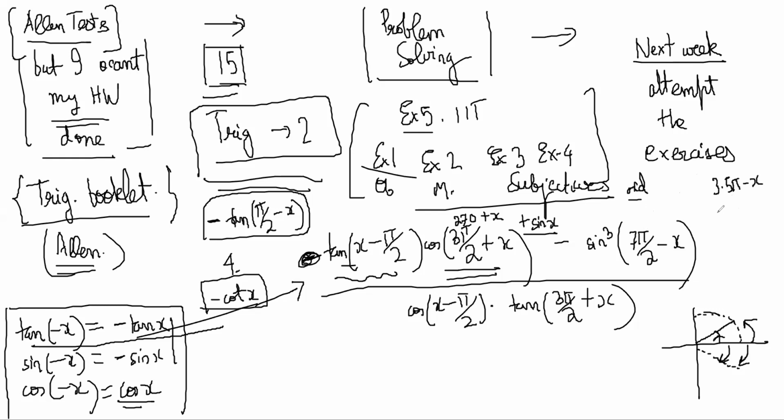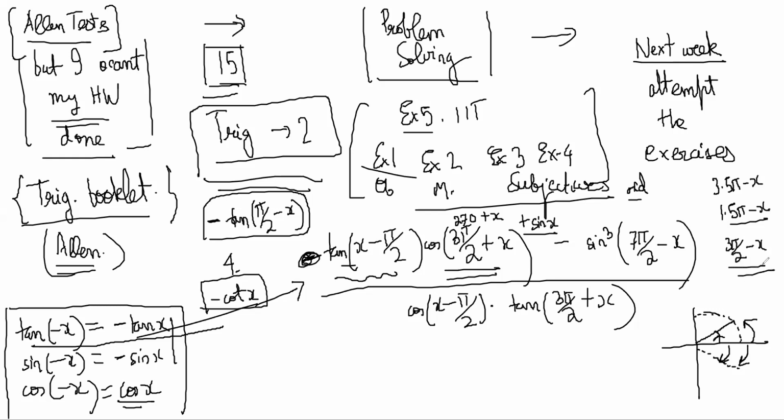That is just annoying. 2 pi is useless. A 360 degree rotation doesn't change anything, right? Everybody should understand this. So I'll make it 1.5 pi minus x, because 2 pi doesn't change anything. So 3 pi by 2 minus x.